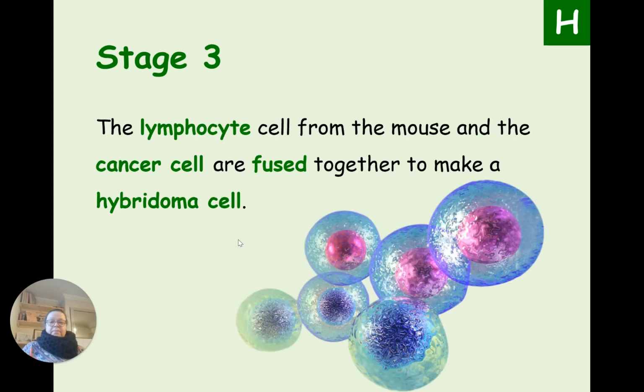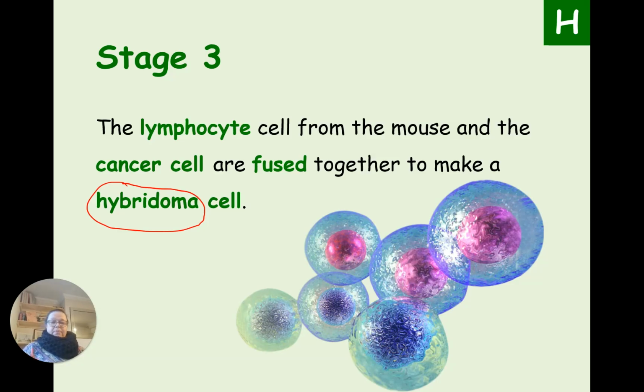Once we've done that, we take the white blood cell from the mouse and the cancer cell, and we fuse them together to make a hybridoma cell.